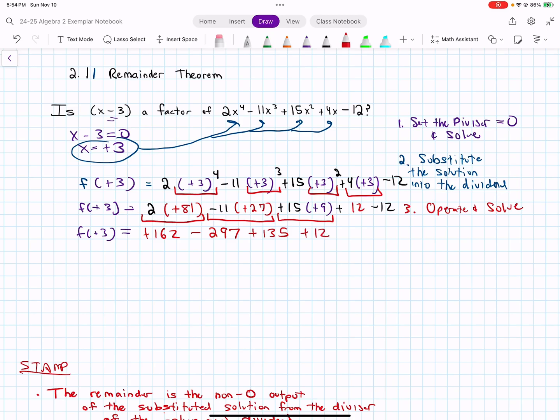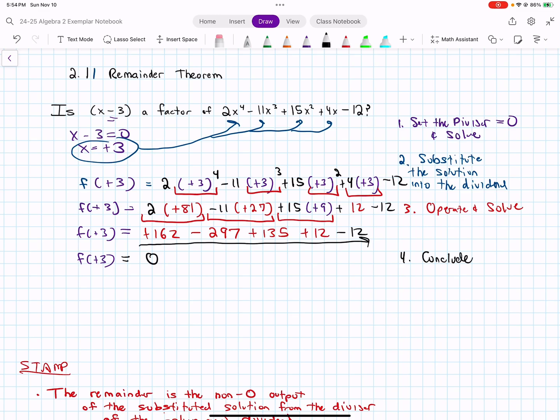And then I have positive 12 minus 12. When I operate, I'm always moving from left to right. If I did 162 minus 297 plus 135 plus 12 minus 12, I end up getting 0. And so our final step is to conclude.